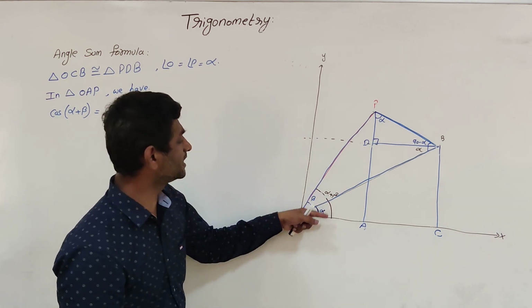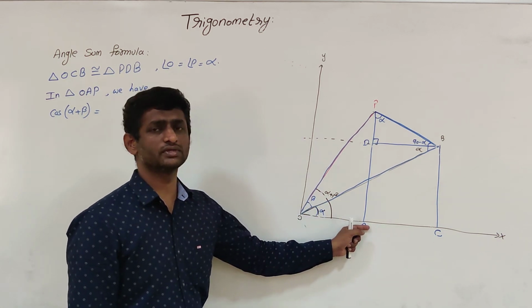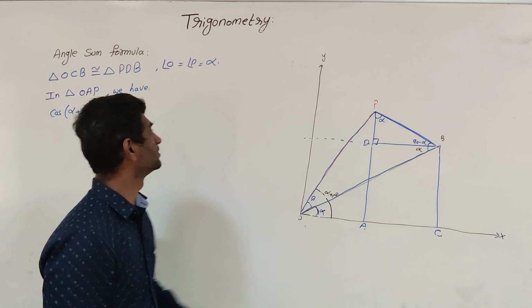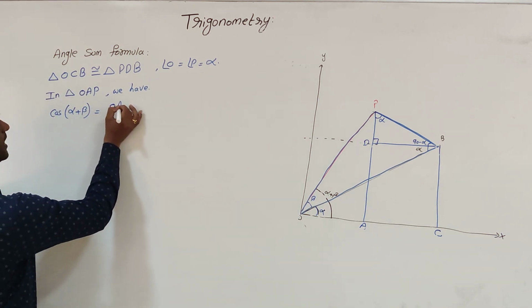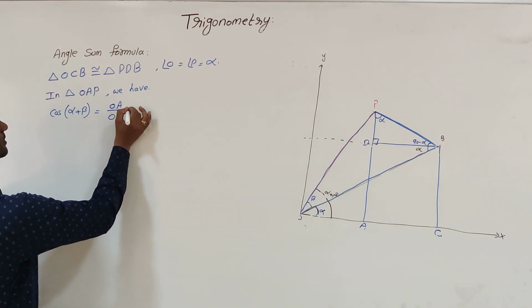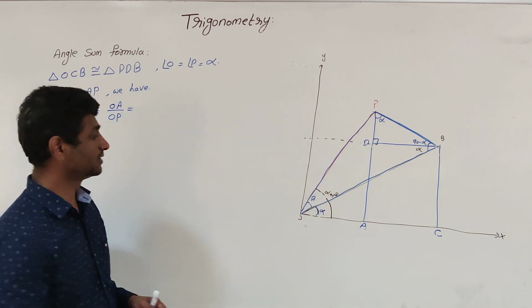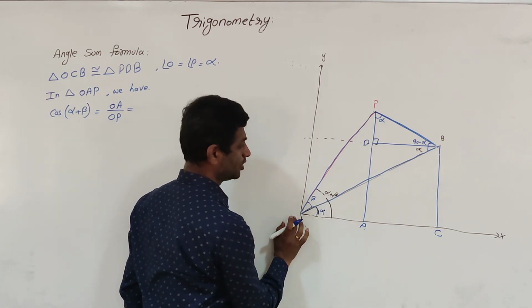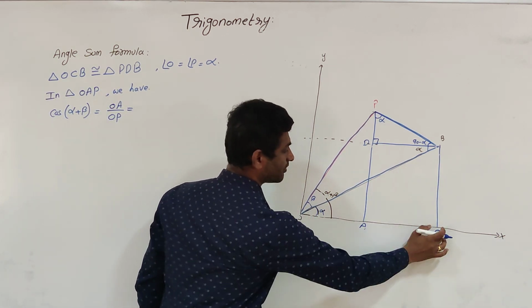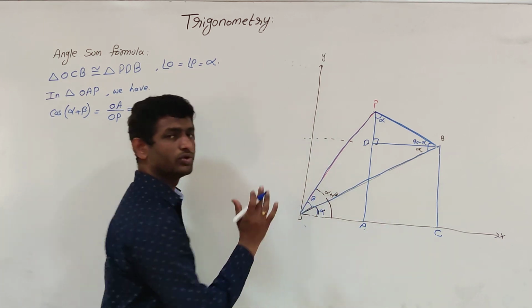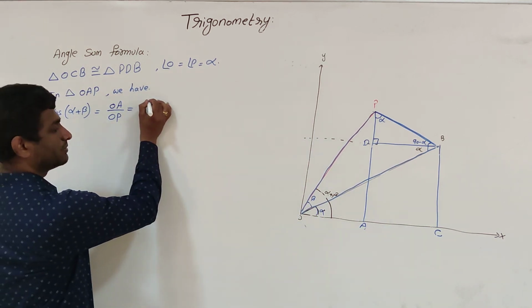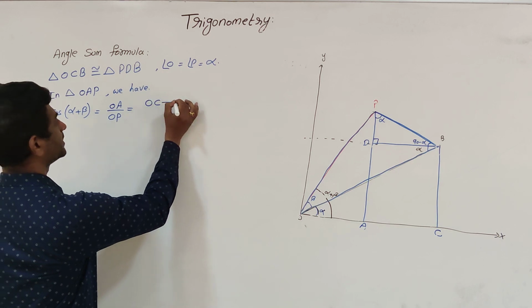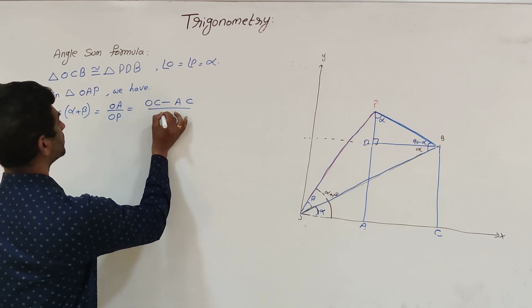What is the adjacent side of alpha plus beta? It is OA, and hypotenuse is OP. Means OA by OP. But the length of OA can be written as OC: from the total length of OC, if you remove AC, we get OA. Means OA can be written as OC minus AC by OP.